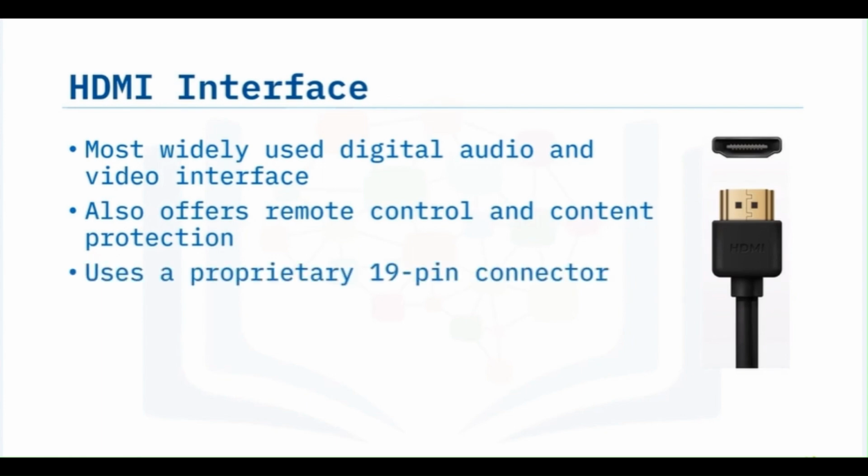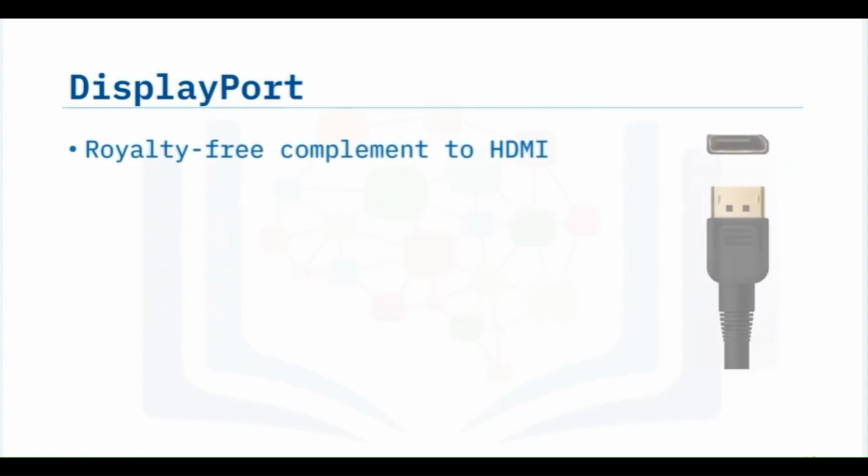The HDMI connector has a proprietary 19-pin connector in 3 sizes: HDMI 2.1 for regular connections, HDMI Mini for portable electronics such as DVD players, and the micro HDMI for GoPro action cameras, smartphones, and so on. The newer versions of HDMI offer greater bandwidth and can therefore support higher quality resolutions up to 8K.